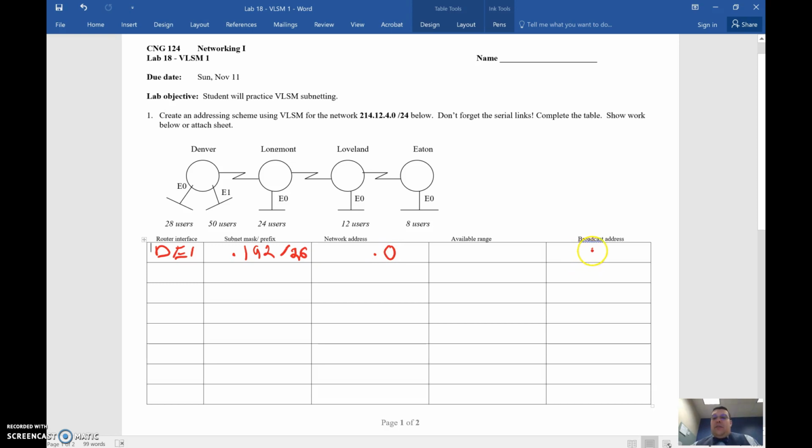Since I'm moving 64, this will be a 63 for the broadcast, and then in between 1 to 62. So that one's done. That was my largest one.